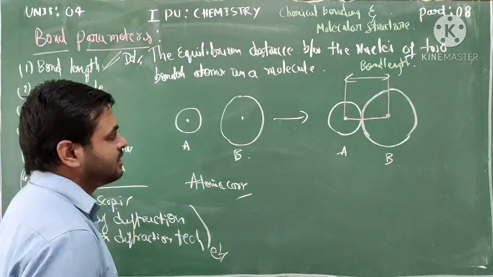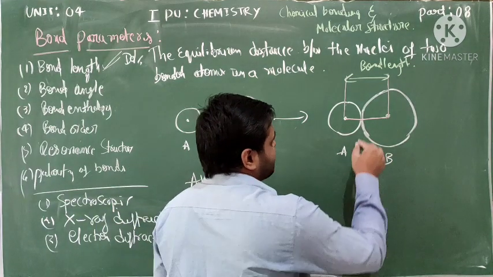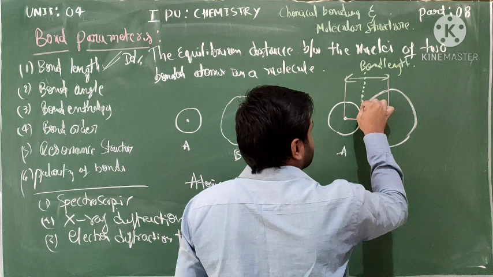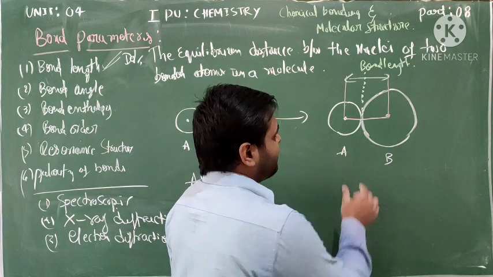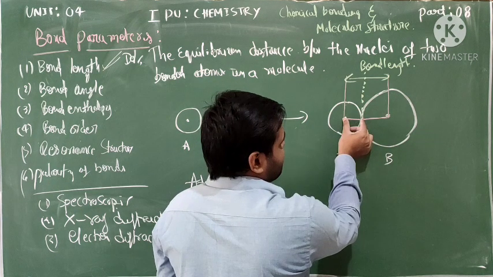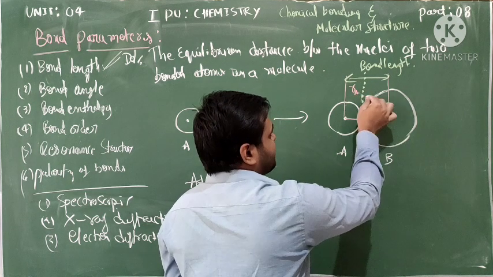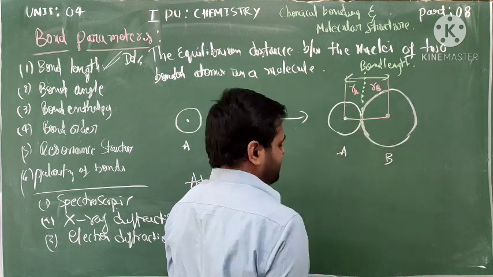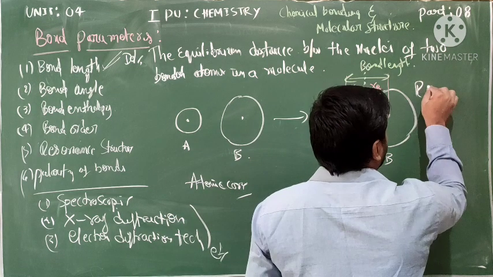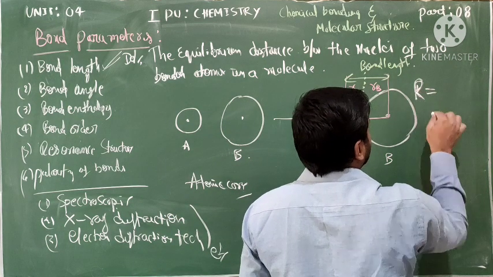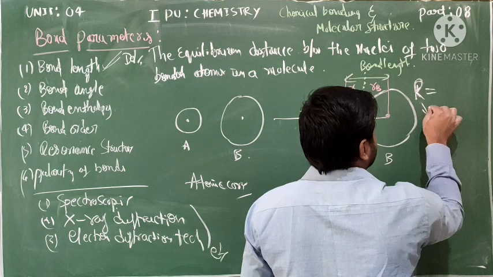Half of this portion we call RA, and this is RB. Capital R means bond length.